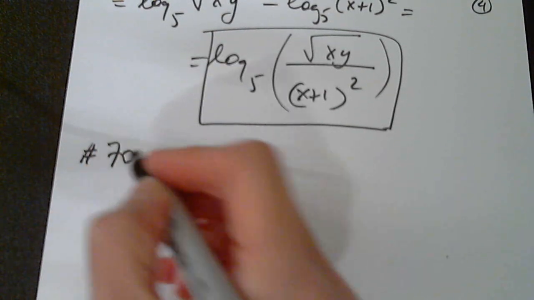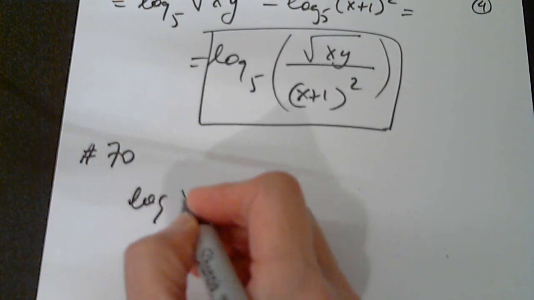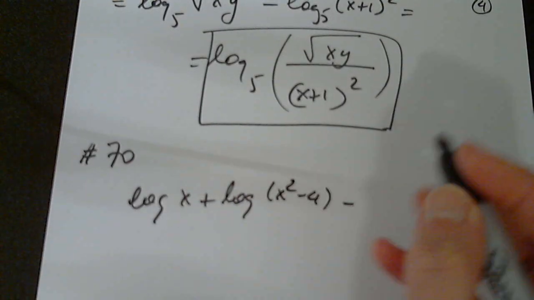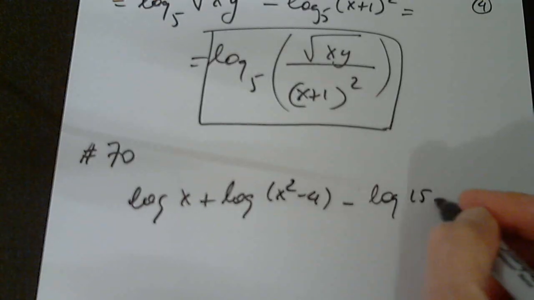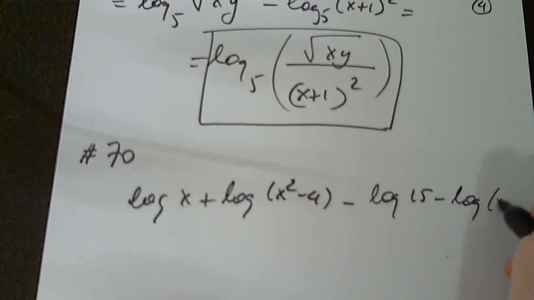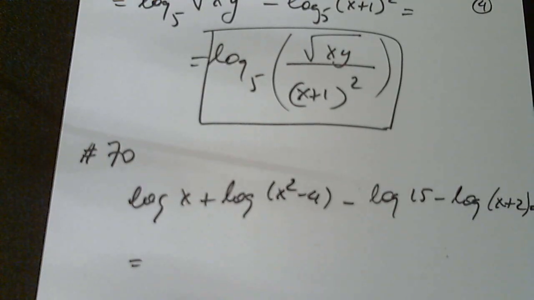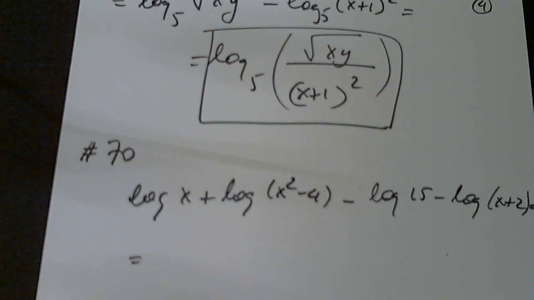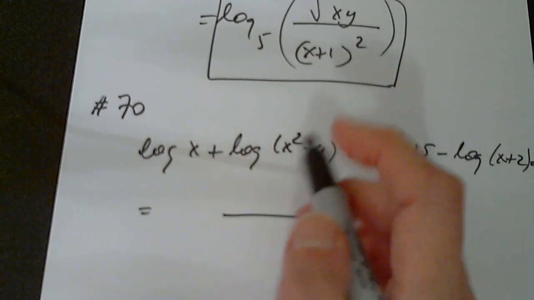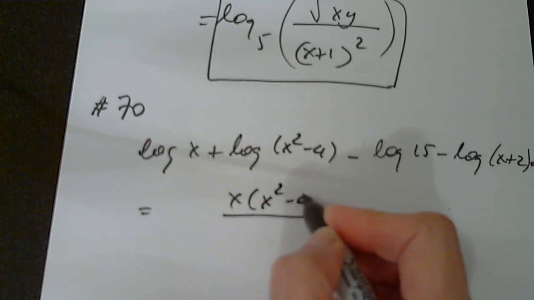Okay, perfect. So we have log x plus log x squared minus 4 minus log 15 minus log x plus y. X plus 2. So the ones with plus in front have to be coming from the numerator.